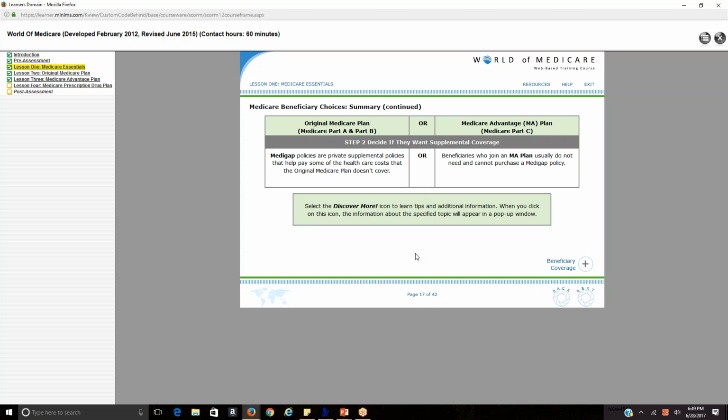If you decide that you don't need supplemental coverage, then you could look more seriously at the Medicare Advantage plans. Beneficiaries who join an MA plan usually do not need and cannot purchase a Medigap policy, and so these are some of the things, again, that you have to be aware of when it comes to your beneficiary.